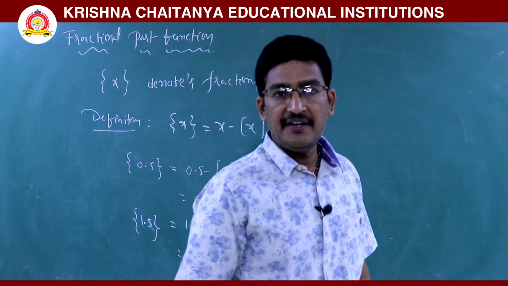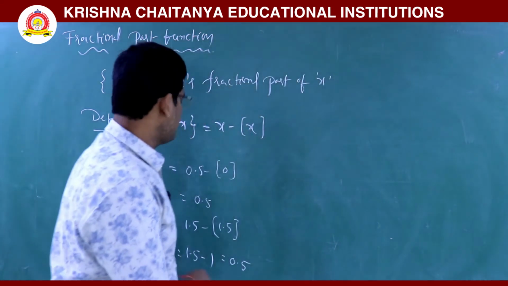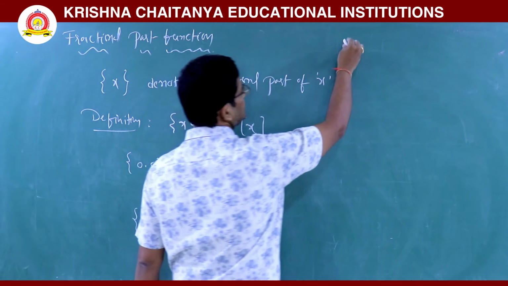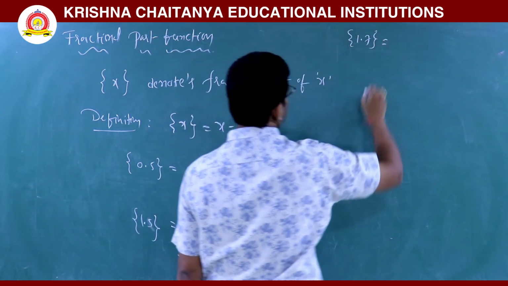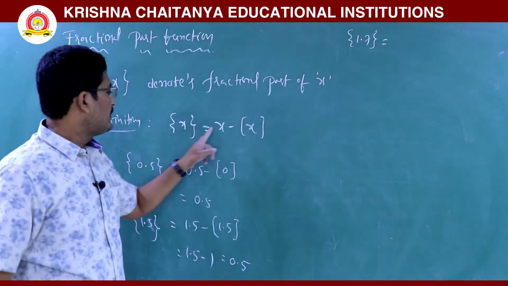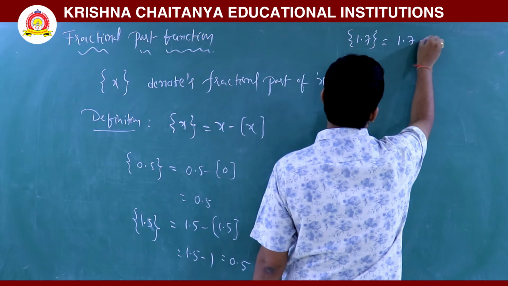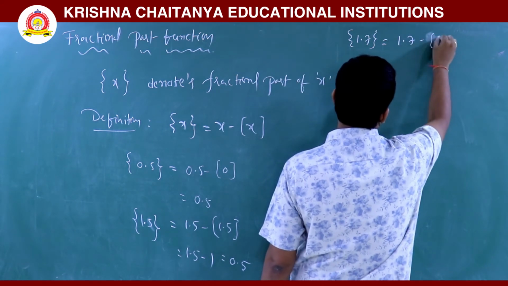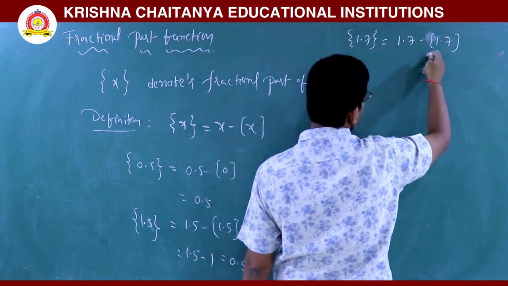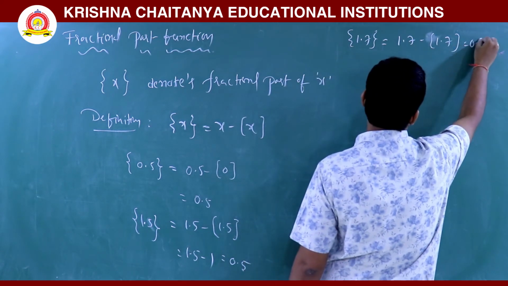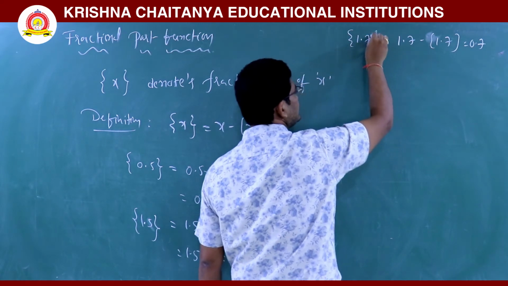Fractional part of 10.5 is 0.5. You have to observe that one, please. Fractional part of 1.7 is 1.7 minus step of 1.7, which is 1, so 1.7 minus 1 is 0.7.